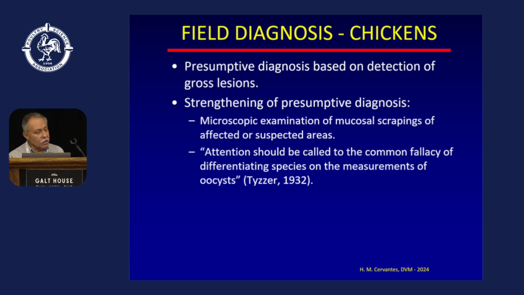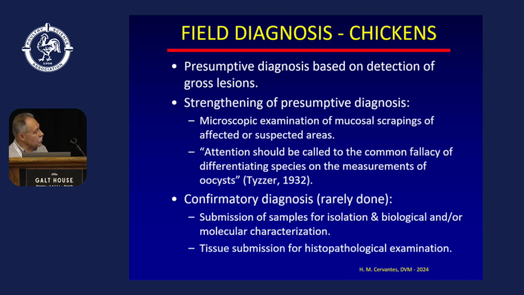However, I call attention to this quote by the father of poultry coccidiosis research, Dr. Ernest Edward Tyzzer, published in 1932 in the Journal of Science: attention should be called to the common fallacy of differentiating species on the measurements of oocysts. That is not a reliable procedure because there's a lot of overlapping.